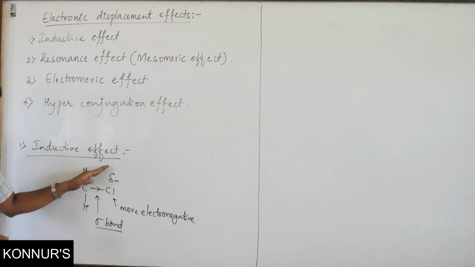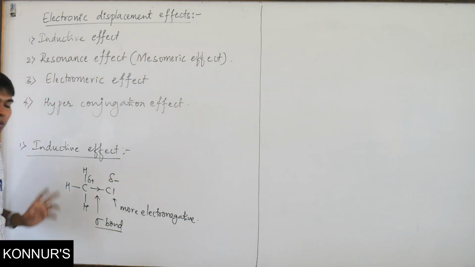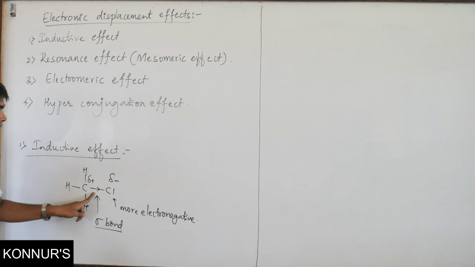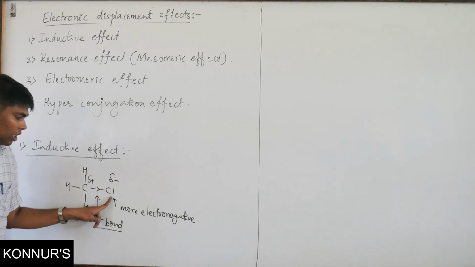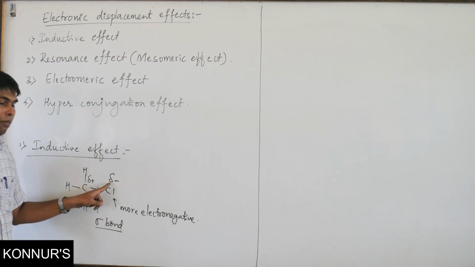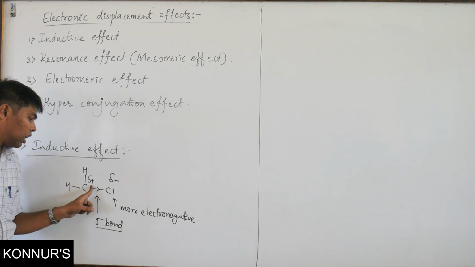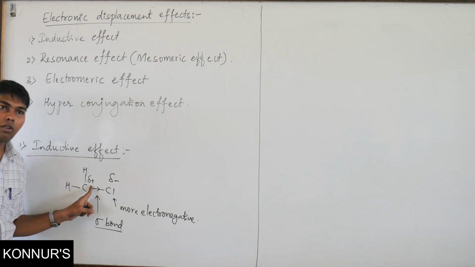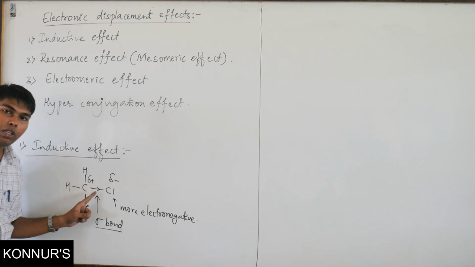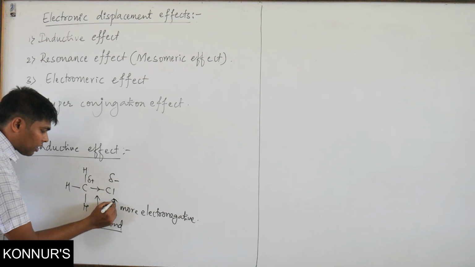The inductive effect is the electron displacement effect where the sigma bonded electrons are displaced towards the more electronegative element, which takes the partial negative charge, and the atom which leaves the bonded pair of electrons towards the more electronegative element takes the partial positive charge. This is called the inductive effect.